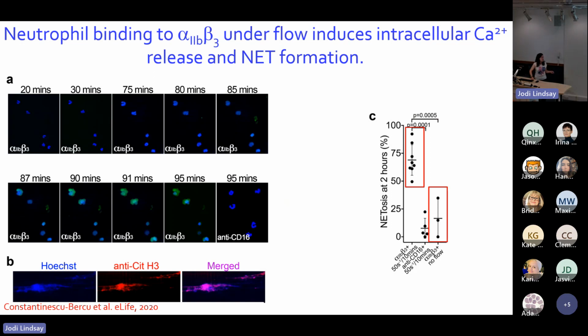Very interestingly, we also did an experiment where we passively captured neutrophils onto activated alpha-2b beta-3. And in here, you can see that there was, again, a significant reduction in the formation of NETs. So suggesting this mechanism is mechanosensitive dependent.